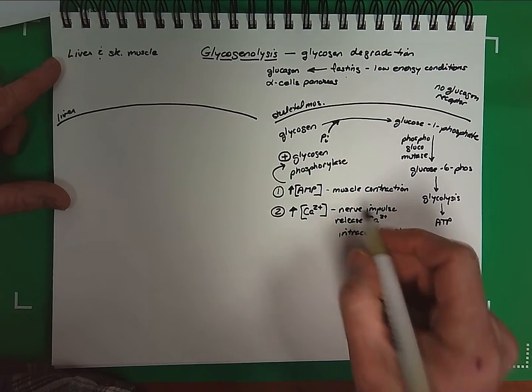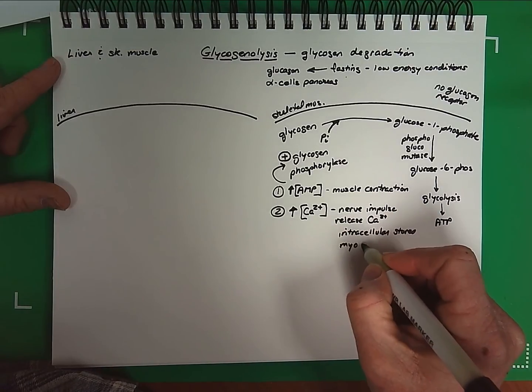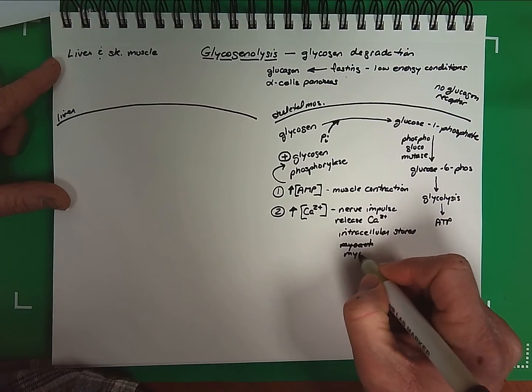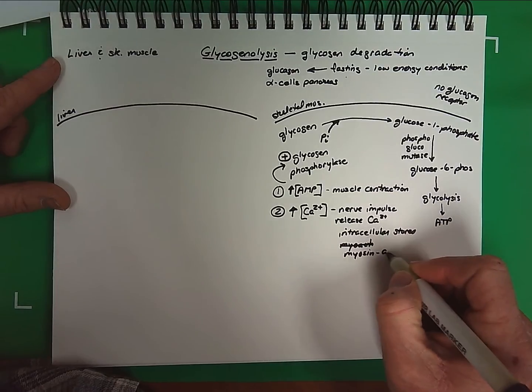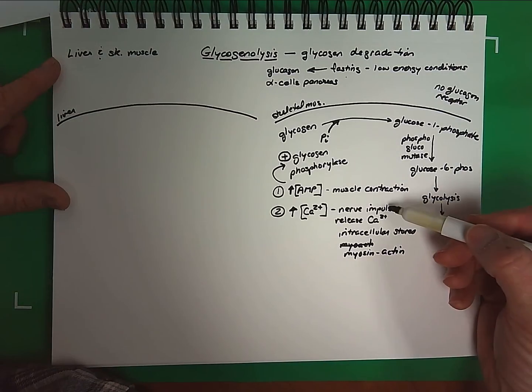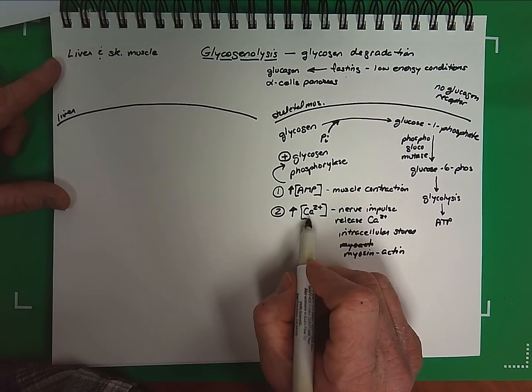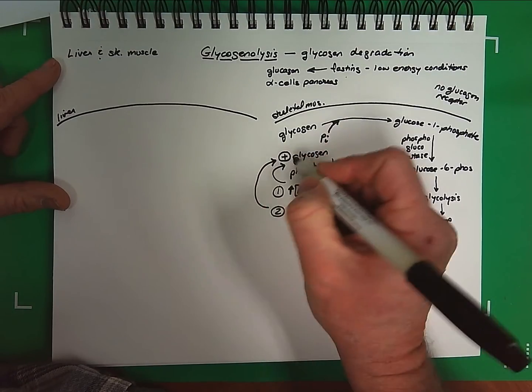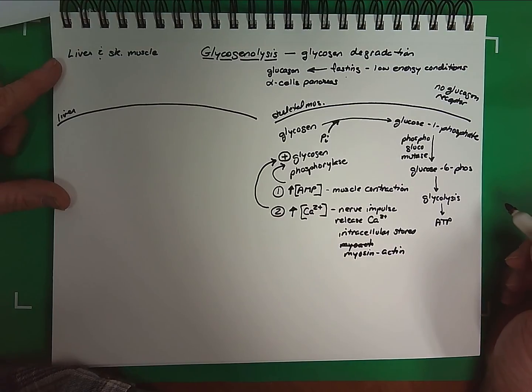This calcium is essential for myosin-actin interactions to initiate this process. And so the nerve impulse does this, but it also increases the calcium concentration that also acts as an allosteric activator of glycogen phosphorylase.